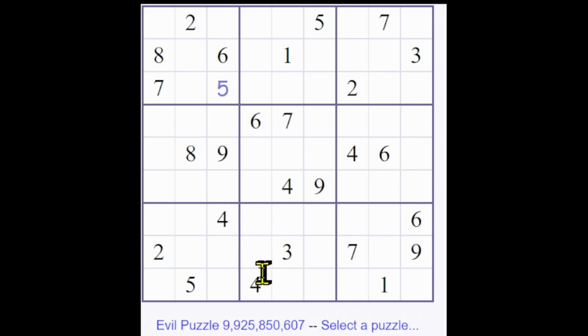The 4 here and here will force a 4 into this cell because, as we just established, this cell will have to be a 2 or a 7, right? So the 4 will have to go here. And of course, the 4 here and here will put a 4 in this empty cell.